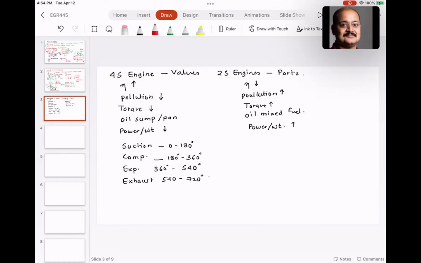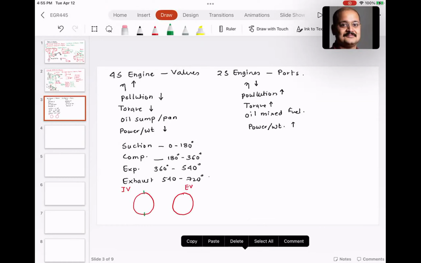Now, what does that mean? Say in terms of valves, you have an intake valve and you have an exhaust valve. So please understand, this is 0, this is 180. Here is what's going to happen. From 0 to 180, the inlet valve is going to open and the exhaust valve will be closed.